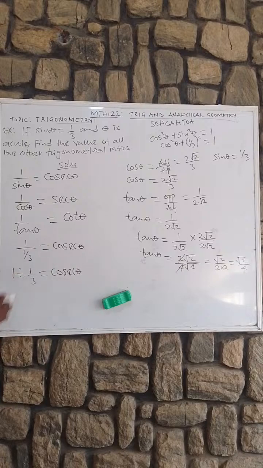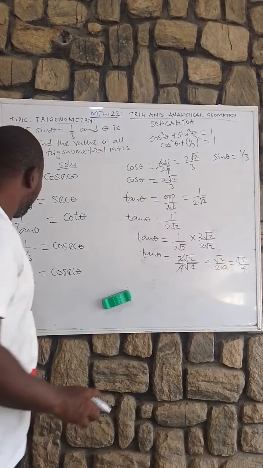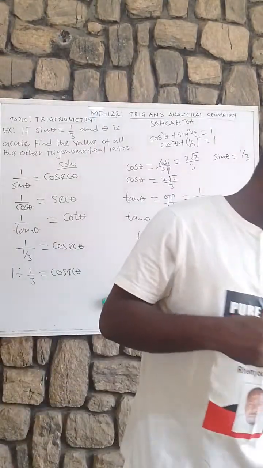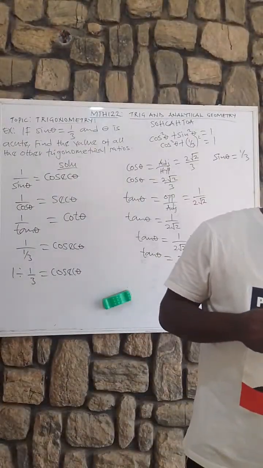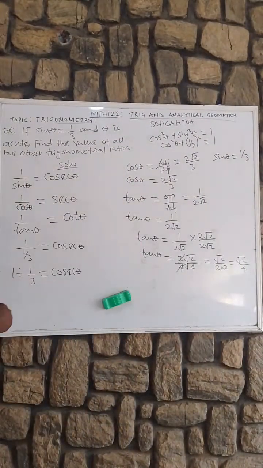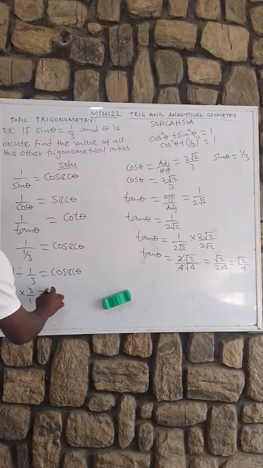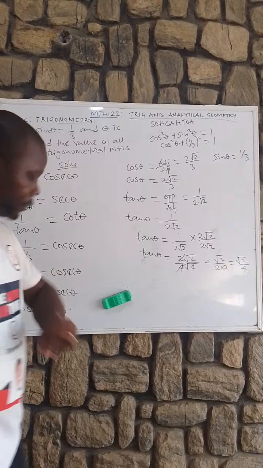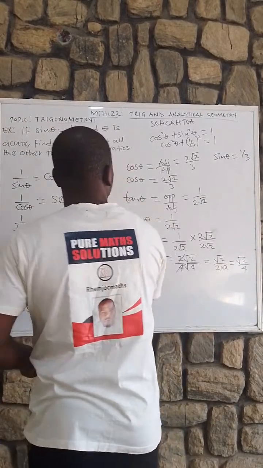So by the time you convert this to multiplication, what are you supposed to have? You are supposed to have 1 times 3 all over 1, which implies that cosec theta is equal to 3, right? True or false? And what else?